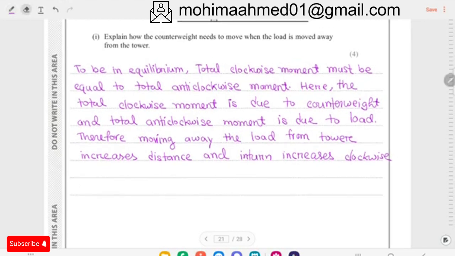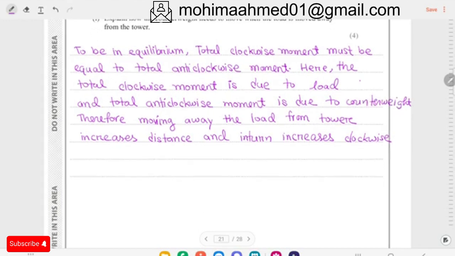Wait, I actually made a mistake. The clockwise moment was due to the load, and the anti-clockwise moment was due to the counterweight. Okay, so this is supposed to be load, and this is supposed to be counterweight. Okay. Then again, and in turn increases the clockwise moment.